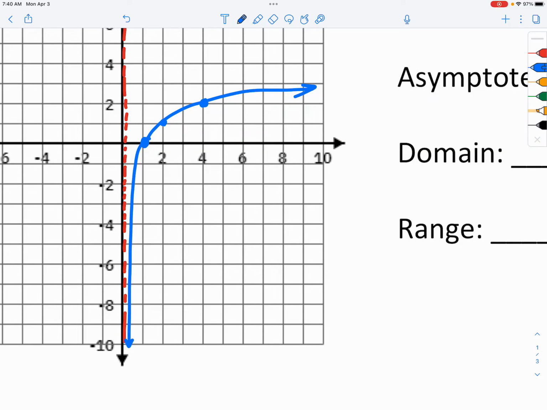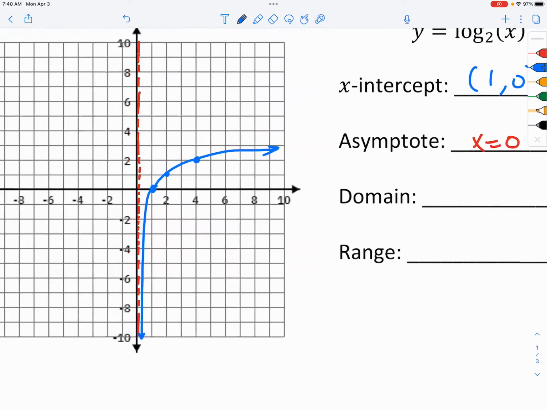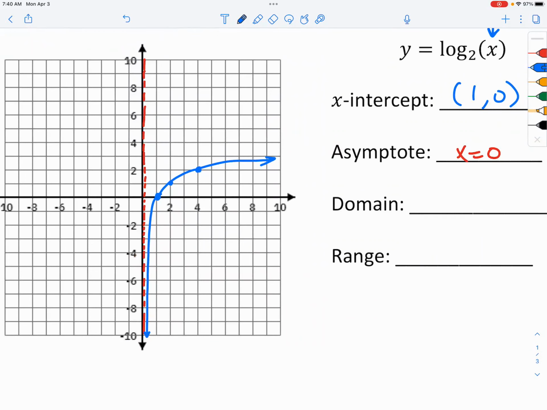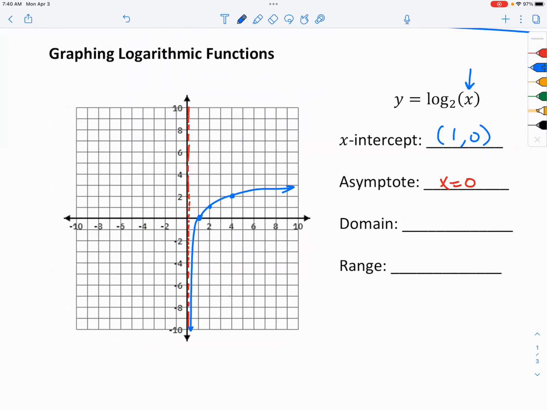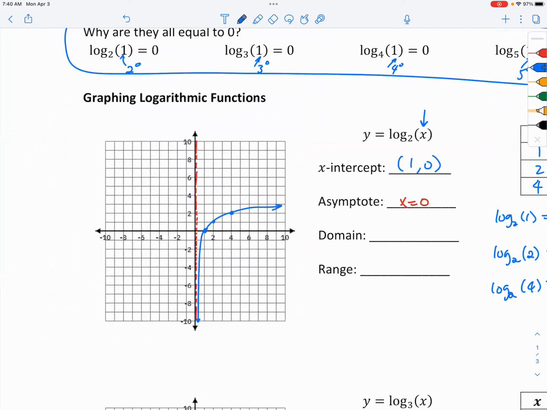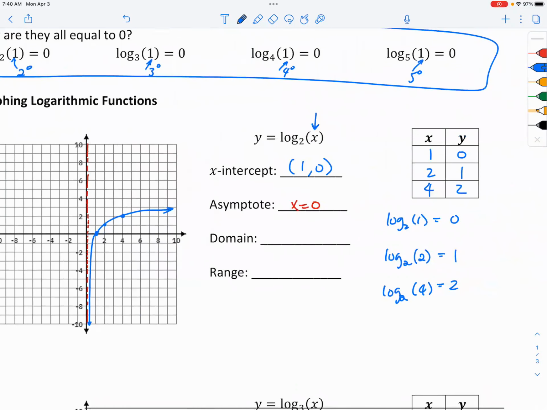Because it leans towards the asymptote. If you have a very, very small decimal number as the x value, then you have a very negative answer because to do a very negative power, it's a small, tiny number. So that's basically the graph.